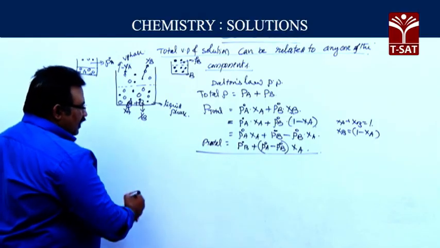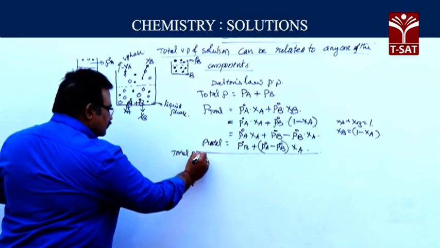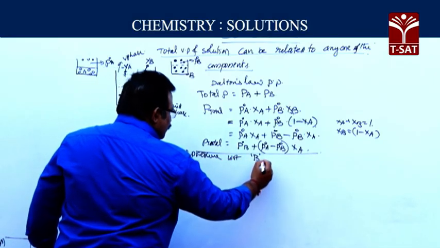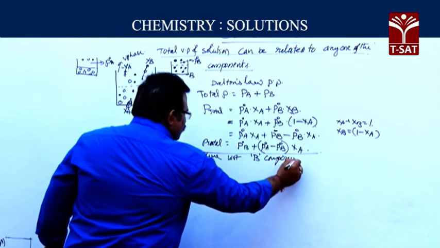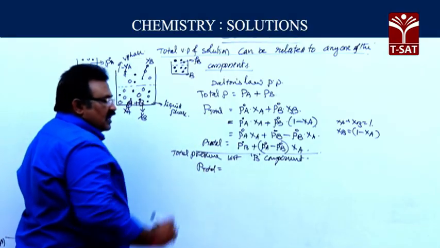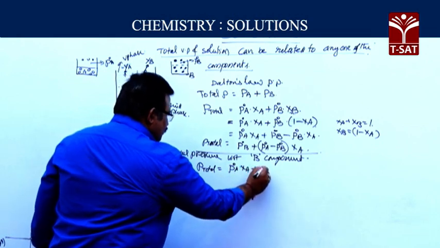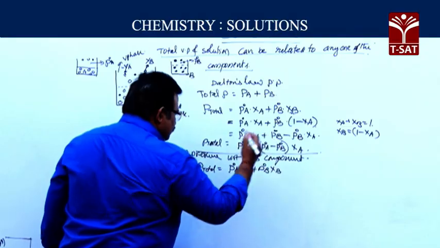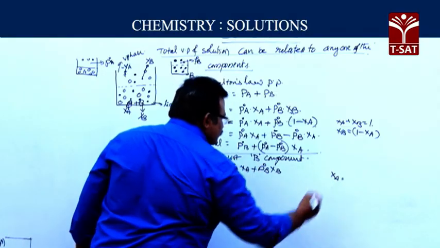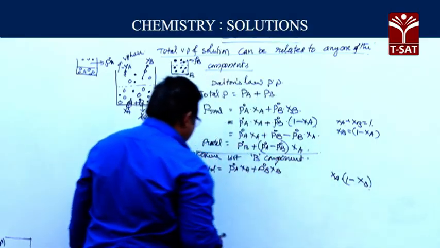Similarly, I can calculate the total pressure with respect to B component. So, P total is equal to P0A XA plus P0B XB. Instead of XA, substitute 1 minus XB.